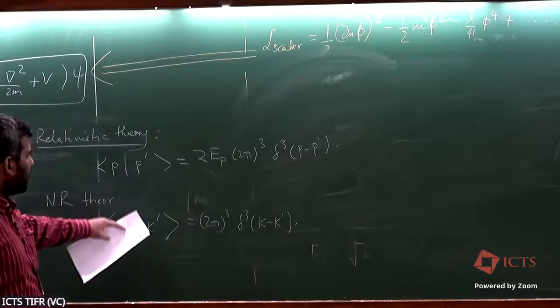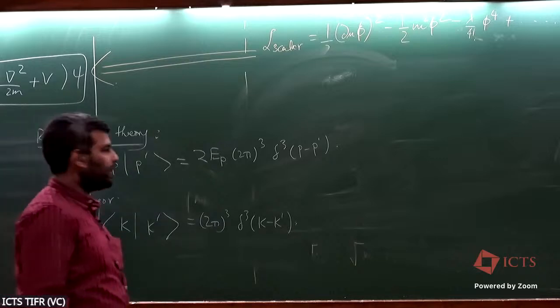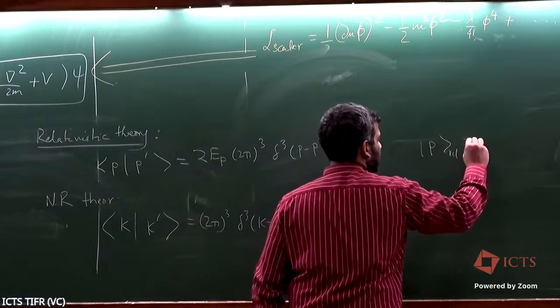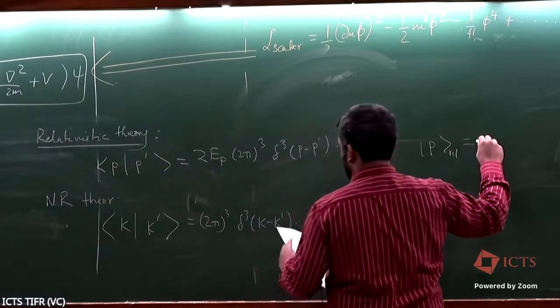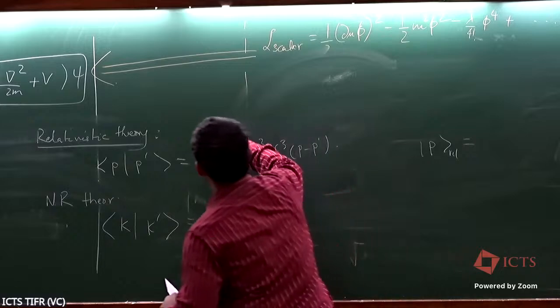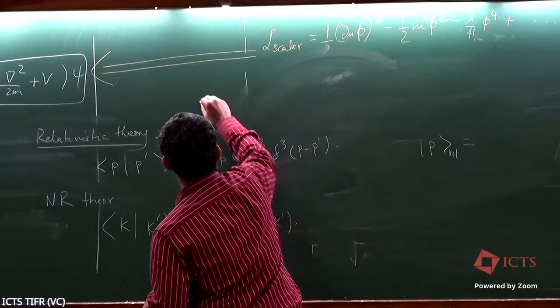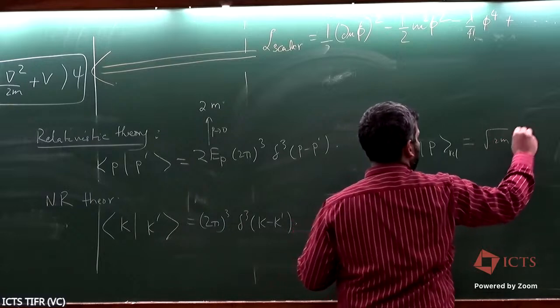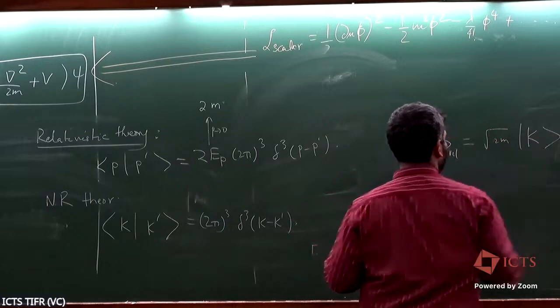Now, a naive comparison between the two would tell me that |p>, which is my relativistic state, in the p tending to 0 limit, is square root of 2m |k>, okay?